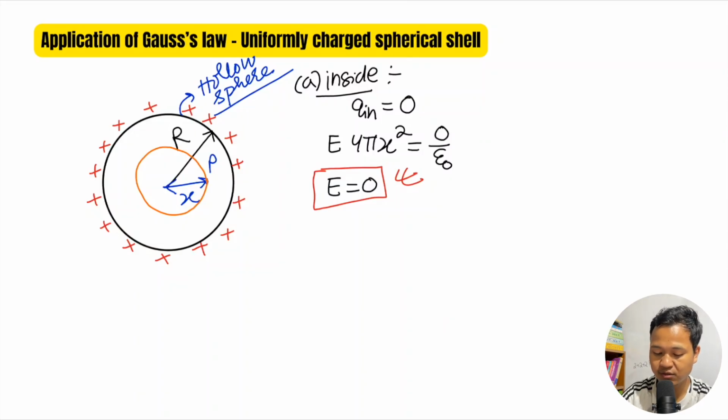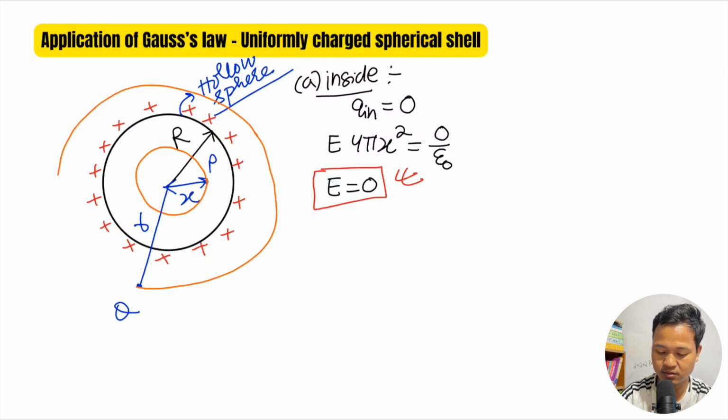Let's take another point outside, point Q, at a distance of r. I draw a Gaussian surface, a spherical Gaussian surface. The point is outside.